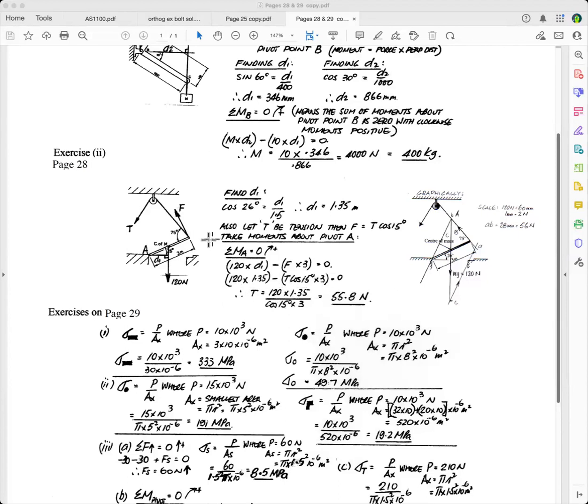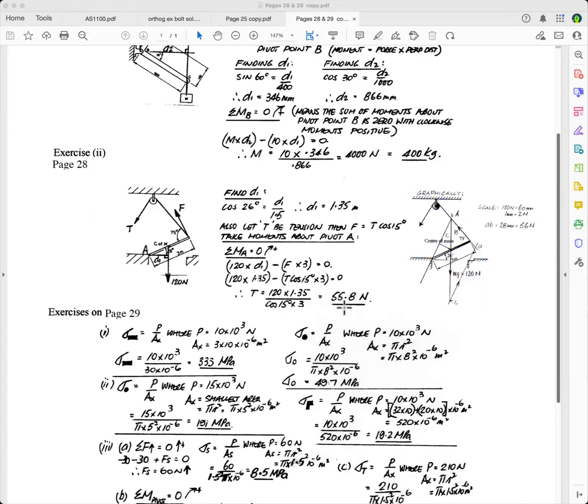If you want to, you can just use F there and then substitute it in as T cos 15 later, but it's best to put it in the equation here. So you've got T cos 15 multiplied by the perpendicular distance. There's the perpendicular distance because we made that 90 degrees, and that equals 0. And then you just work it out, and you've got 55.8 newtons there.